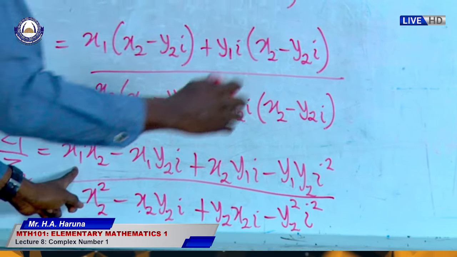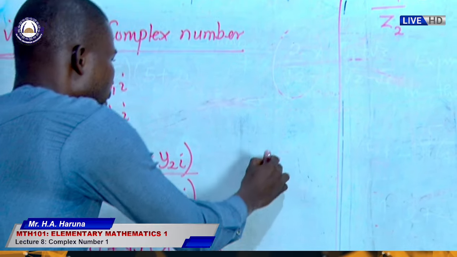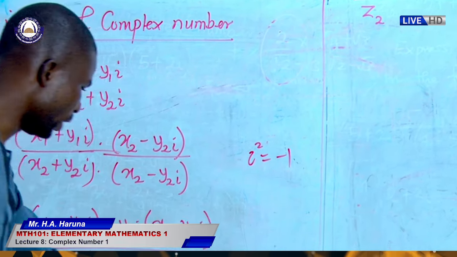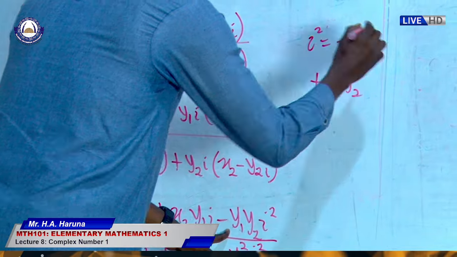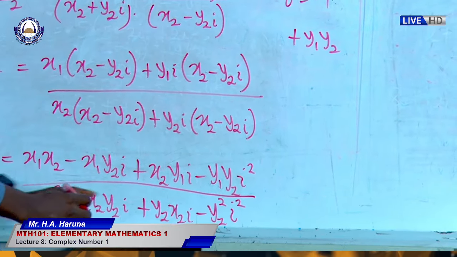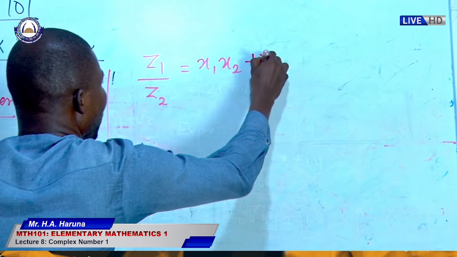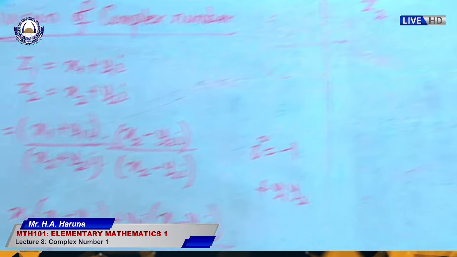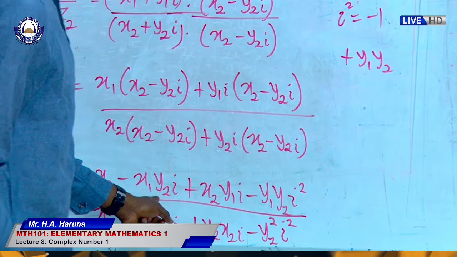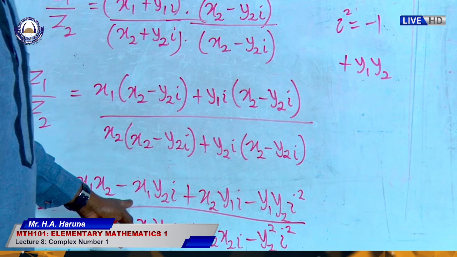But for this one, that is not happening. You have to be careful, so you can say x1 x2, the first part. Now recall that i squared is -1. So -1 times -i1 i2 gives me plus y1 y2. So let's put it together. Now this one here, minus x1 y2i plus x2 y1i will remain because they can't cancel each other, but we'll factorize it.